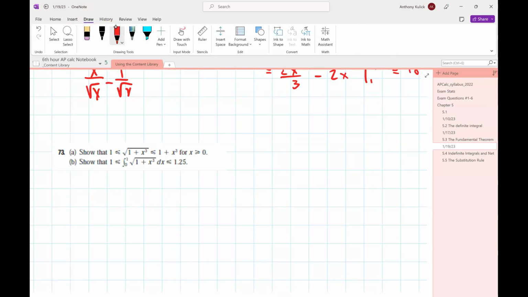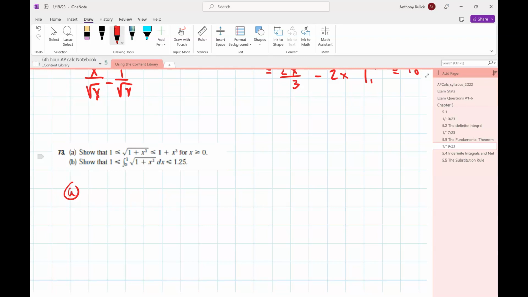So show that this is true. Now, if you look at this, is this true?